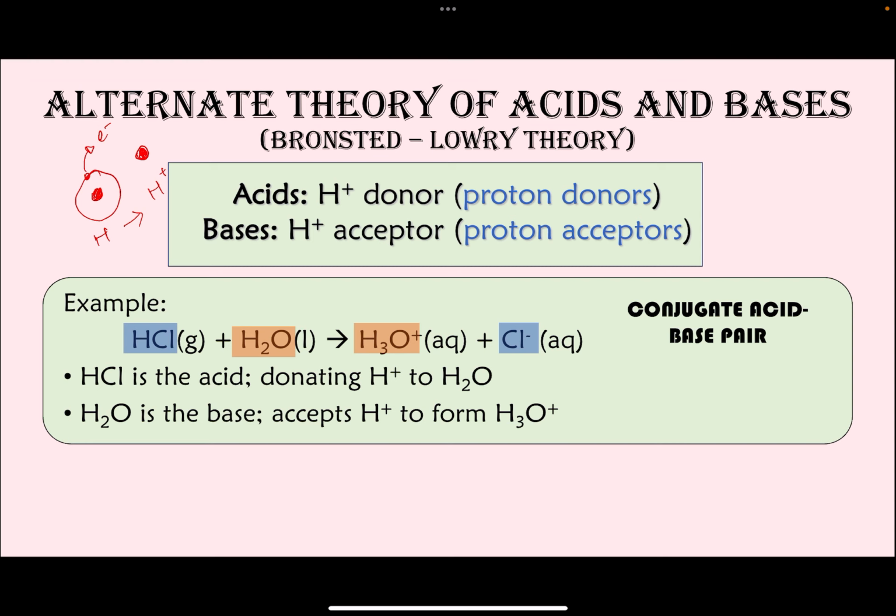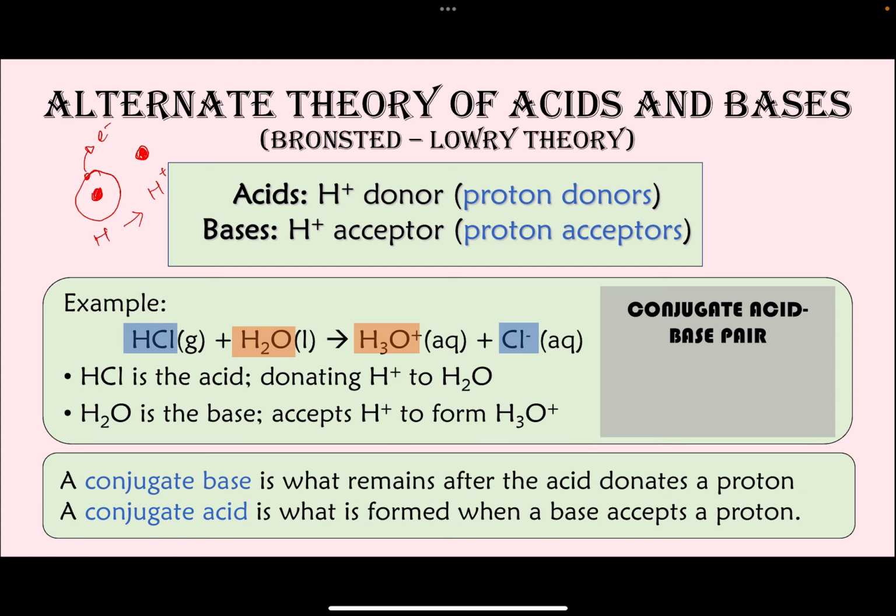Now, we have this concept of conjugate acid-base pair. In this case, your conjugate acid-base pairs are going to be HCl and Cl minus, and then H2O and H3O positive.